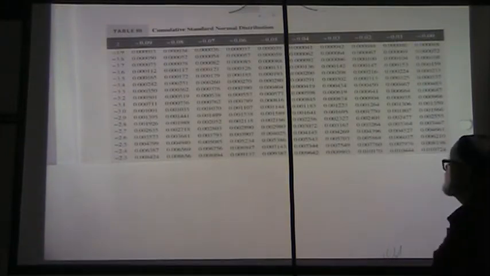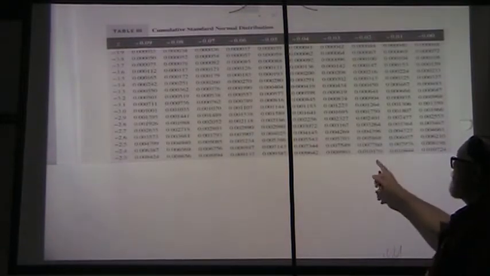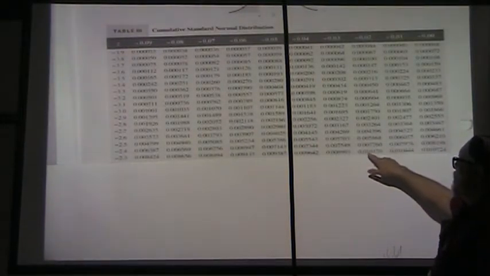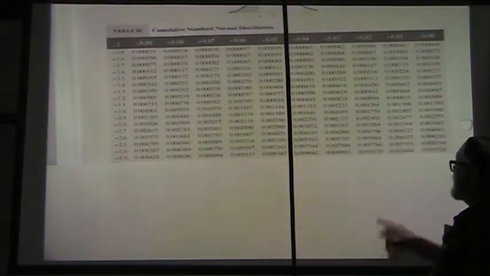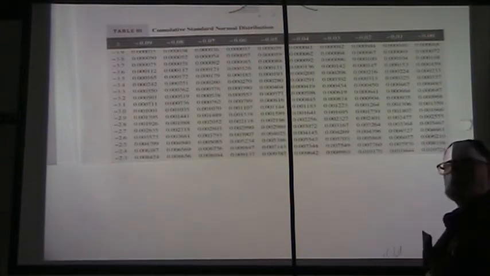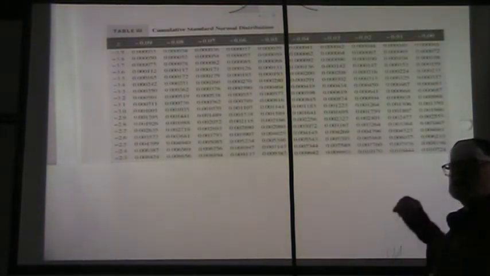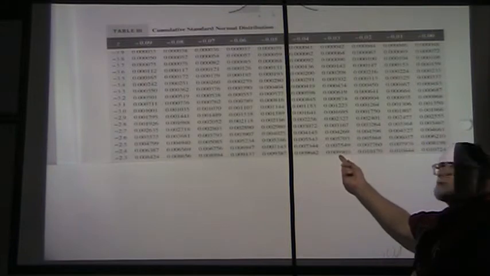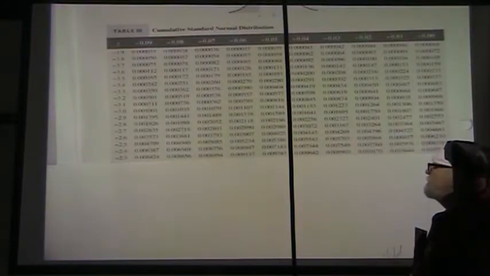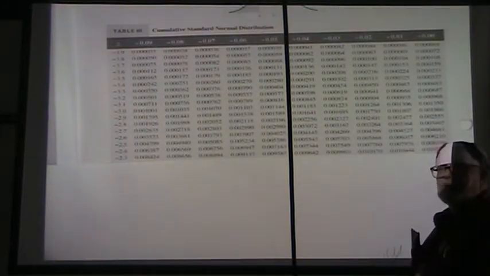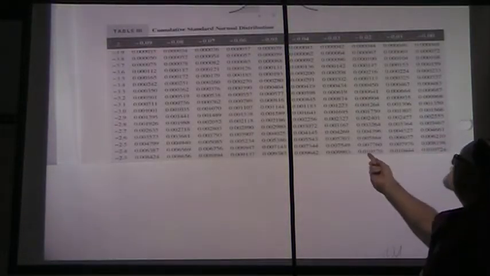All right, so I am going to choose 0.010170. Why? Because that 170 means that it is 170 ten-thousandths away from 0.01, where this one is 197 ten-thousandths away from 0.01. All right, so this is the one.